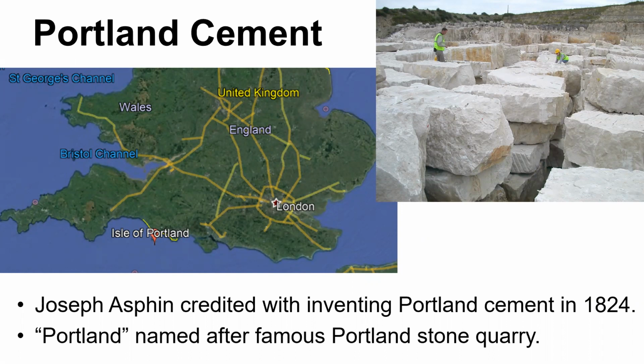So Joseph Aspin, in the 1800s, was credited for inventing Portland cement. His son and him worked together, and then they got in some battles over the years, and they split apart. And I think his son figured out a little bit more of what actually happened, where they could have a Portland cement that was like a hydraulic cement that worked really well.